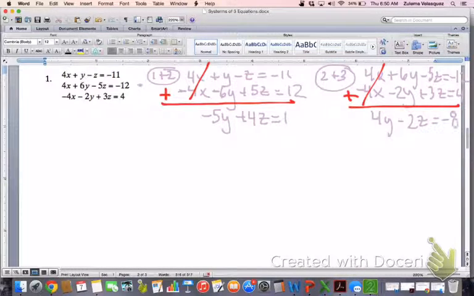All right, so now I have two new equations that just have two variables. I know how to solve a system with two equations and two variables. These are the ones I said to call A and B. So I'm just going to quickly label A and B because if I refer back to them, you'll know what I'm talking about. So I'm going to put these together as a system. Looking at them, nothing is going to cancel directly the way they are.